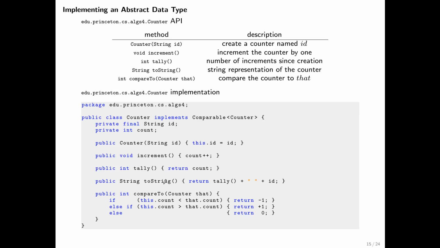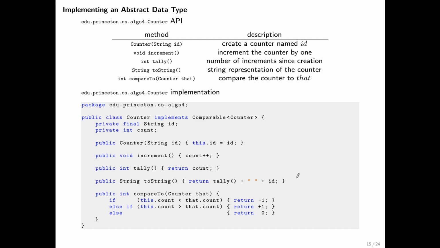What about the toString method? So note that toString has been overridden here. We don't want the default implementation of toString that's given to us from Object. Instead, we override it, and what we return is a call to tally, which simply returns the current count of this counter object, and that is concatenated with the ID, the string.